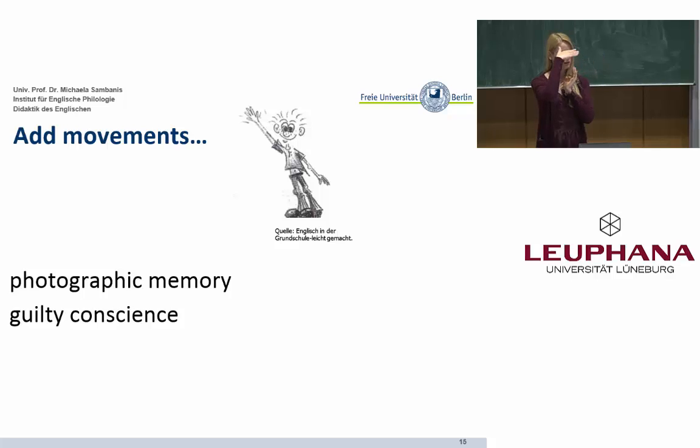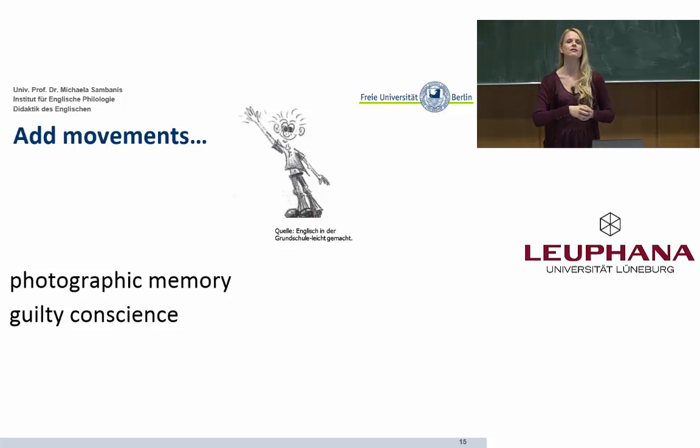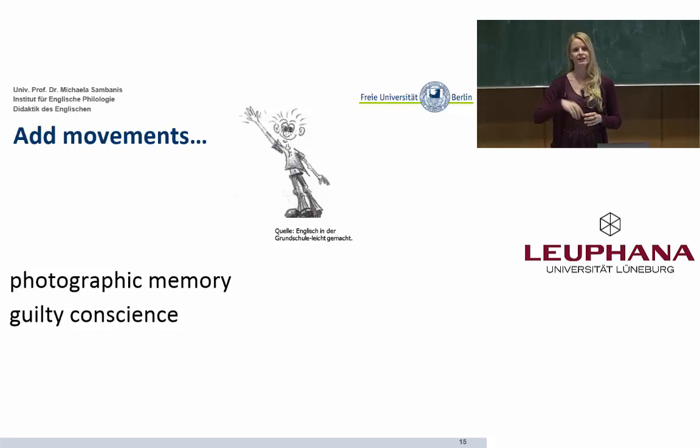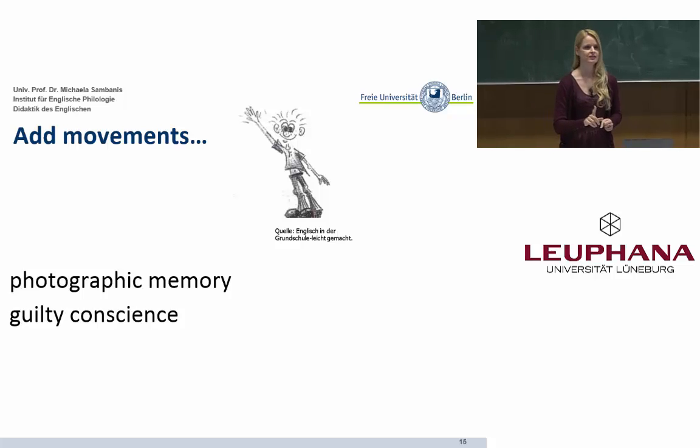A guilty conscience, you somehow hide and you are ashamed. Okay, ashamed of something? Let's agree. A guilty conscience. All right, let's remember photographic memory, a guilty conscience. Let's take one more.